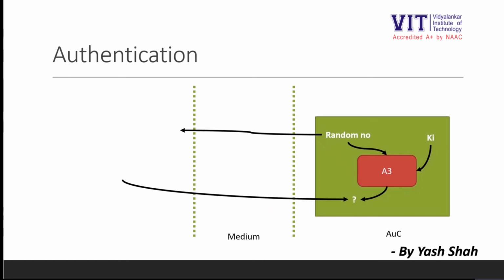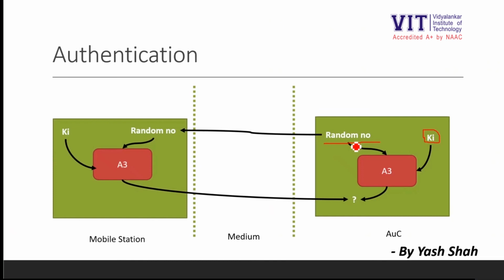As soon as it retrieves the identification key, that is KI, from HLR or VLR, it sends the random number to that mobile station. This random number is accepted by the mobile station.